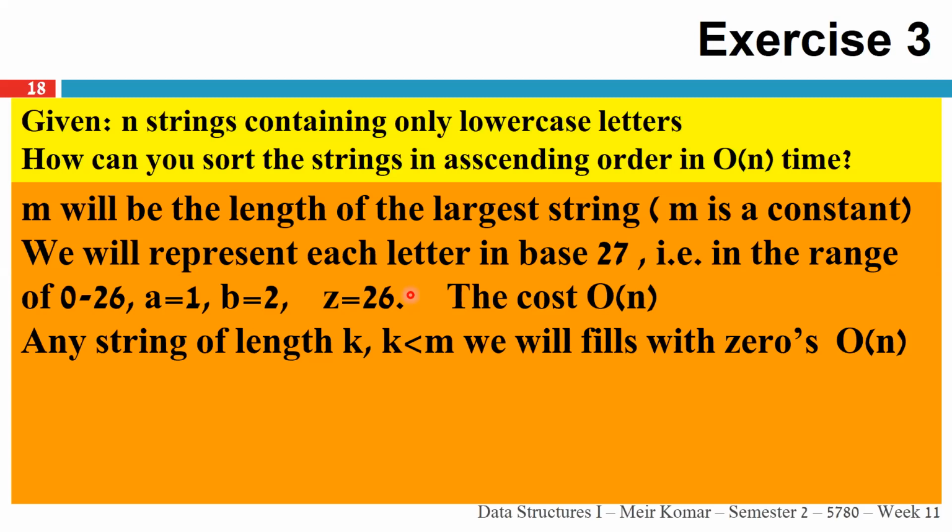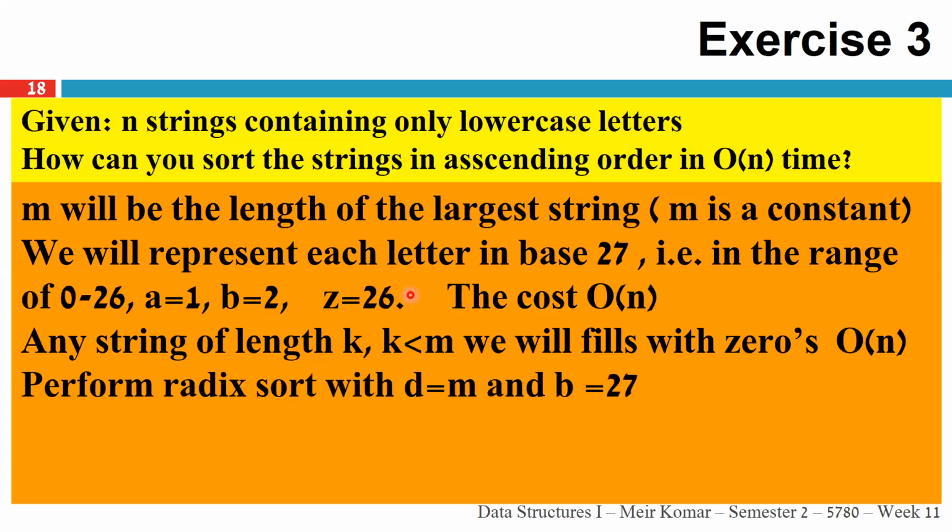It's O of N, but to build the algorithm to do that, it's O of N. I just have to go through all of them, right? I have to go through all the strings or all the representations, and I'll do an if, and just add zeros if I need be. So that cost is going to be O of N, because I'm going through all of them. I have N numbers, N strings.